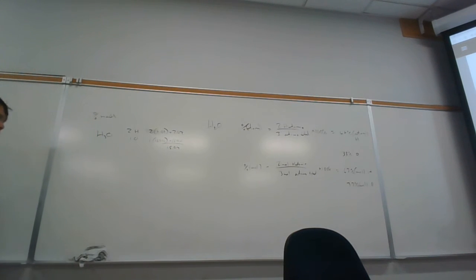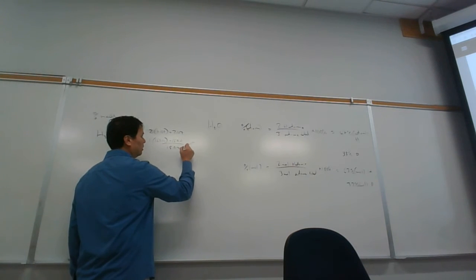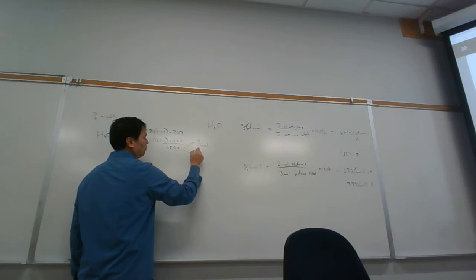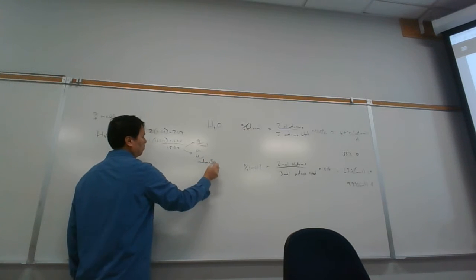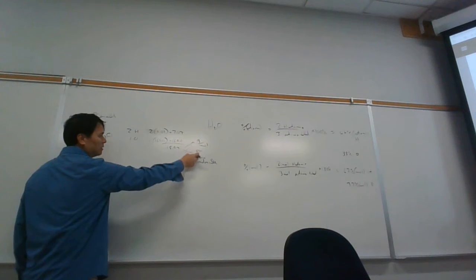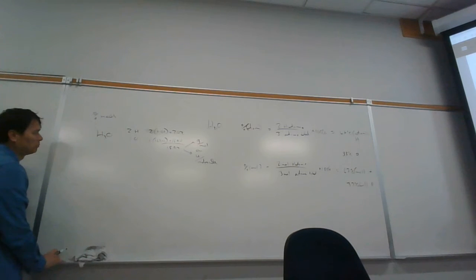I can do this either in grams per mole or u per molecule. It's the same number. And so oftentimes we leave off the units because units are going to depend on what we want, grams or u.